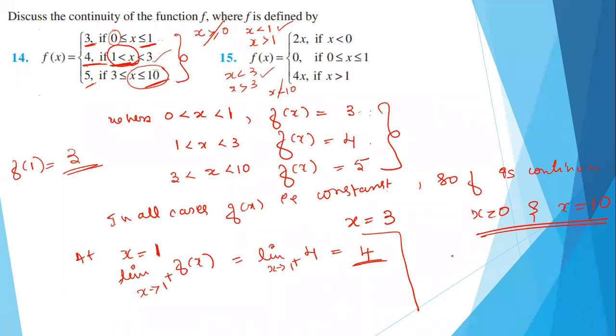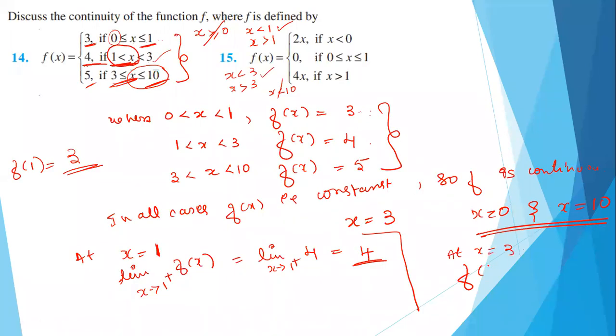Now check for x is equal to 3. At 3, what happens? At x is equal to 3, what is the functional value? What is f of 3? Yes, f of 3 is 5. What will be the left hand limit?